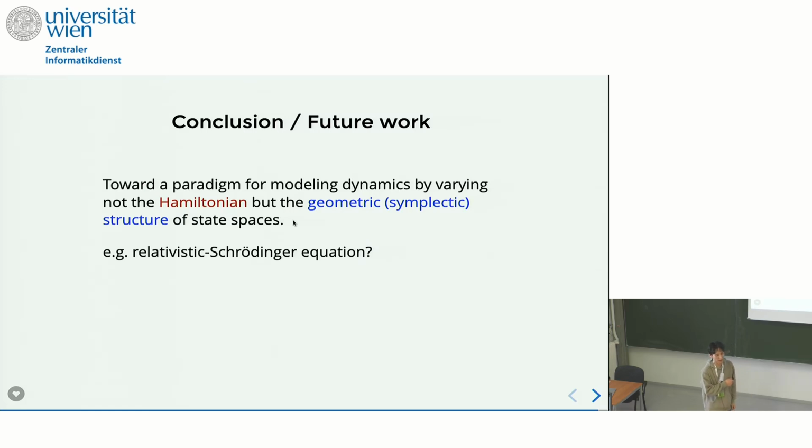I personally find that a little bit artificial. If you want relativistic phenomena, you should probably change the symplectic or geometric structure of your world, so that you have a new physical law that prevents the particle from going faster than light. In this way, I get, for example, the relativistic Schrödinger equation.